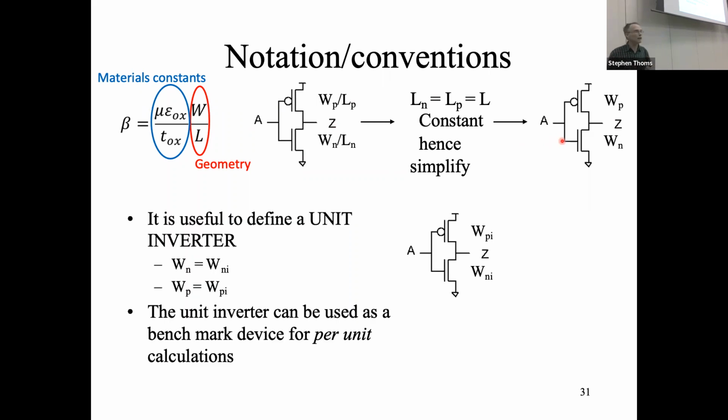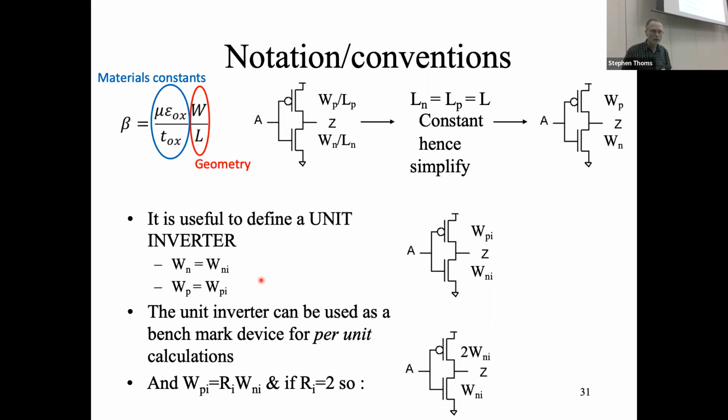And so what we're going to do is define a unit inverter. And the unit inverter has a width WNI for the NMOS. That's my unit inverter width. And WPI is the unit inverter width for the PMOS. And we use this as a benchmark for our calculations. And then we say that WPI is a known ratio of WNI.